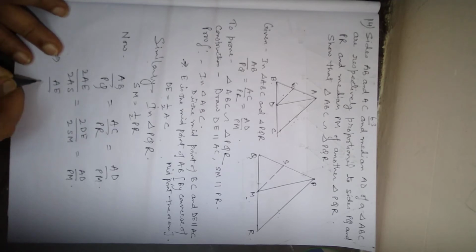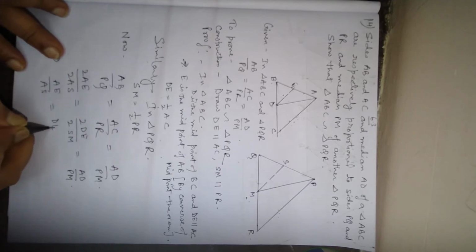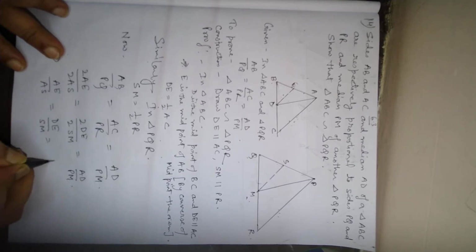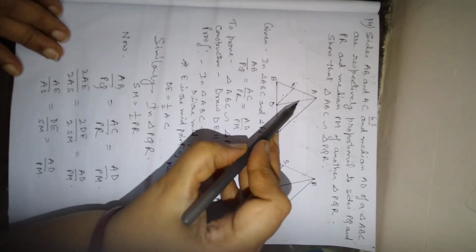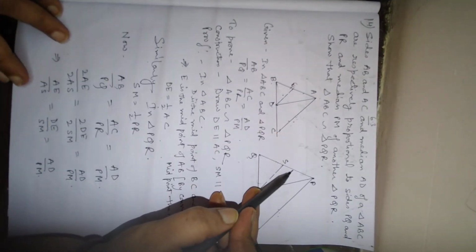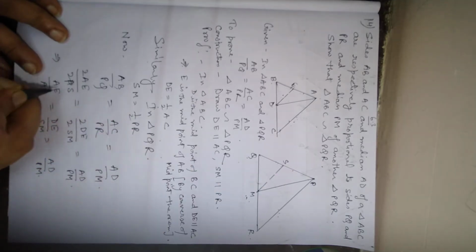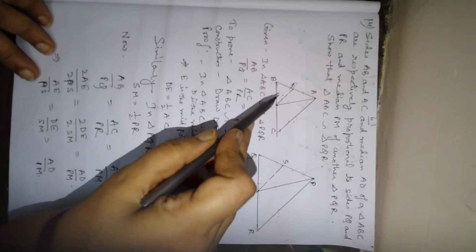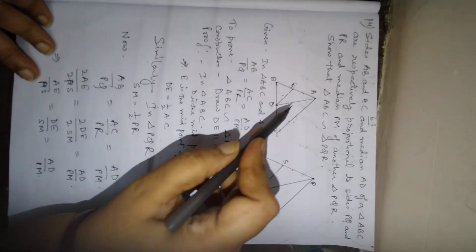Okay. Now this implies AE by PS equals DE by SM equals AD by PM. Now see, in triangles ADE and PMS, this is PS, not AS, PS. So it is AE upon PS equals DE upon SM equals AD upon PM.